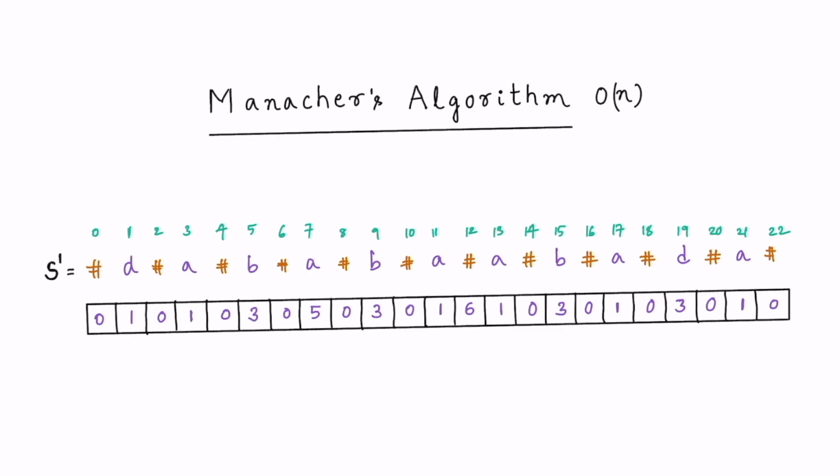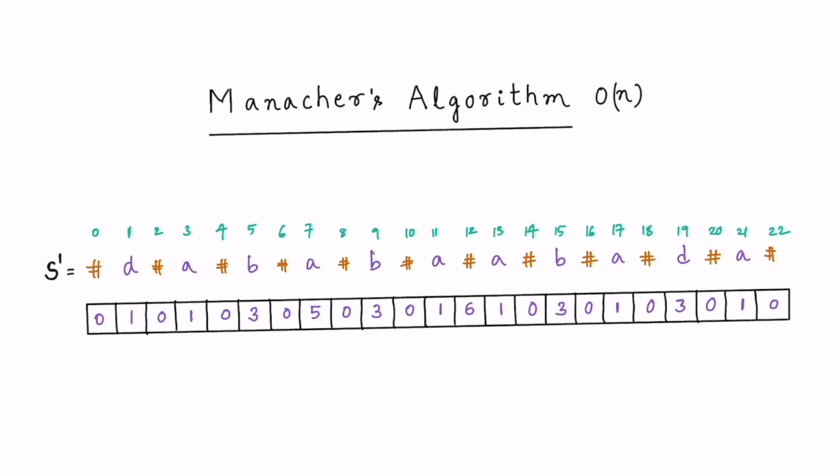Let's consider this character D, and the length of the longest palindrome is 1, which means with D as the center, it has one character to the right and one character to the left. So this table represents how many characters are to the right and to the left of each character as center. So the palindrome here is this.